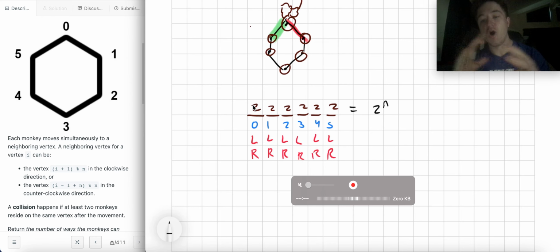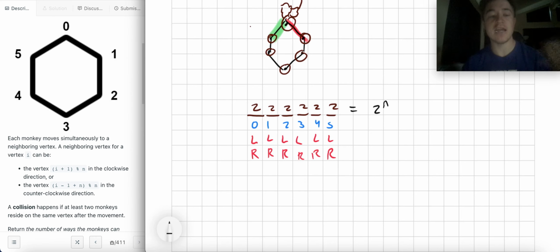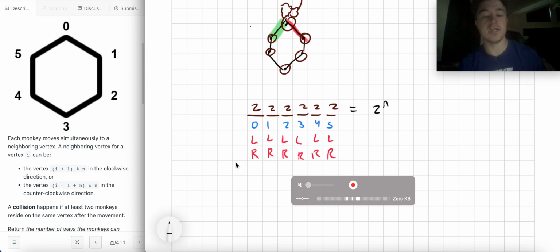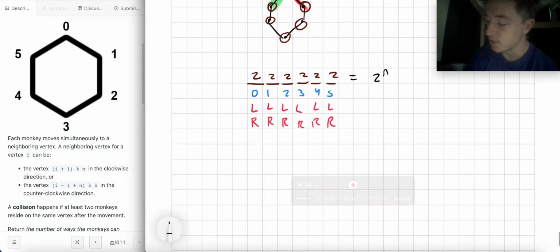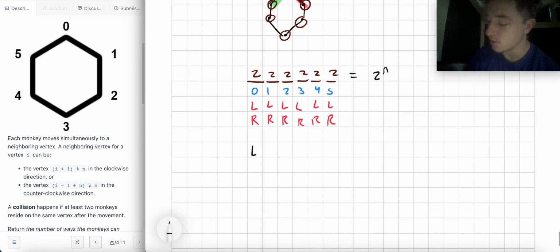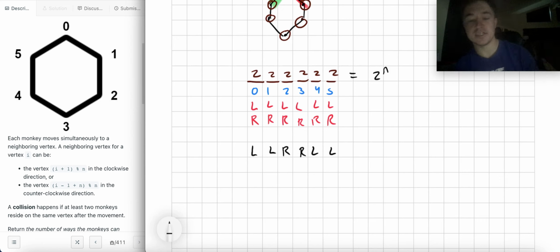If you multiply all the things that could happen, there's 2 to the n total possibilities in the system, where each monkey decides that it goes left or decides that it goes right. This is one such case of a choice that could occur if a monkey decided to go left or a monkey decided to go right.